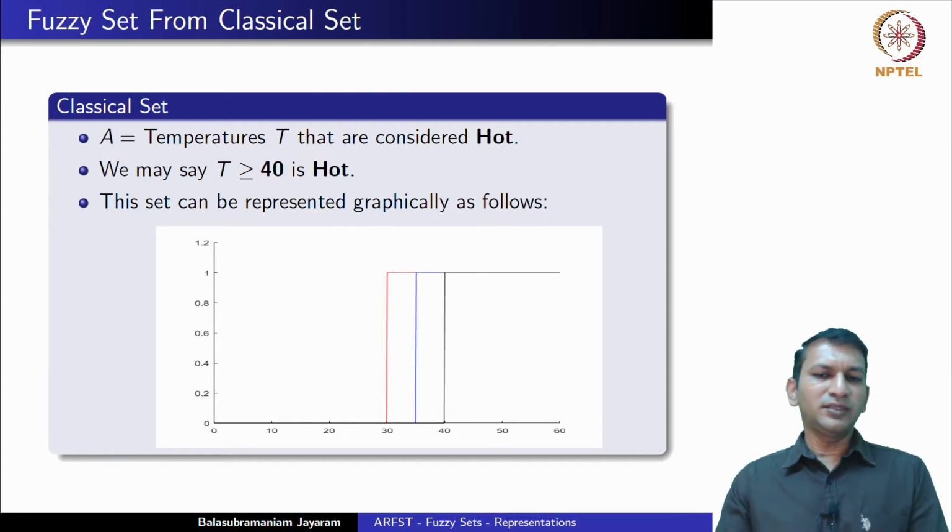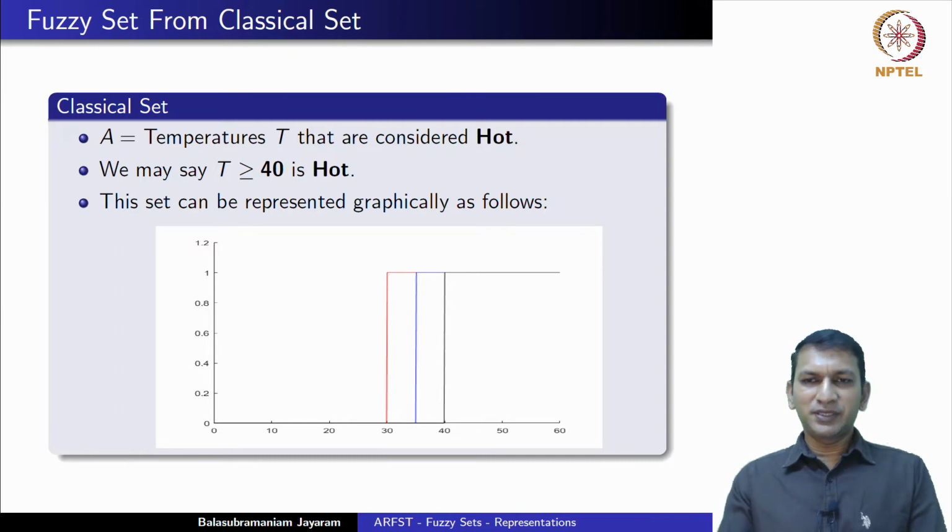However, if you look at these three characteristic functions based on the subjective opinions expressed by people, one thing perhaps is clear if we were to go with this as the ground truth, that all of them seem to agree that anything below 30 degrees is not hot and every temperature above 40 can be considered hot.